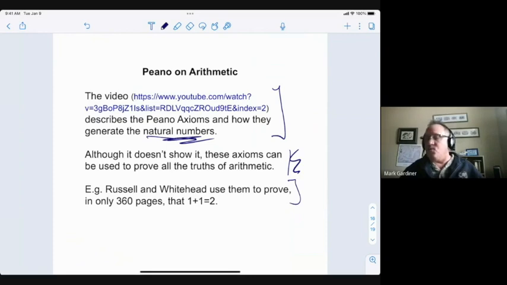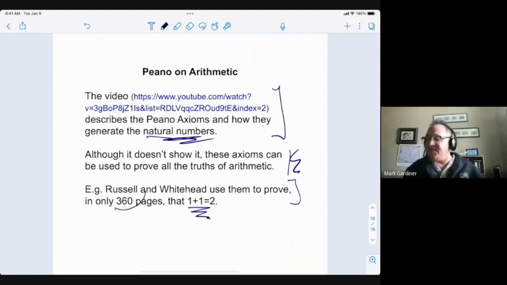An interesting example. Bertrand Russell and Alfred North Whitehead really developed their formal system, which we're going to be learning, first order logic. And they used Peano's axioms to prove the very astounding, surprising claim that 1 + 1 = 2, which turns out to be quite an important mathematical claim, even though it seems so obvious to us.